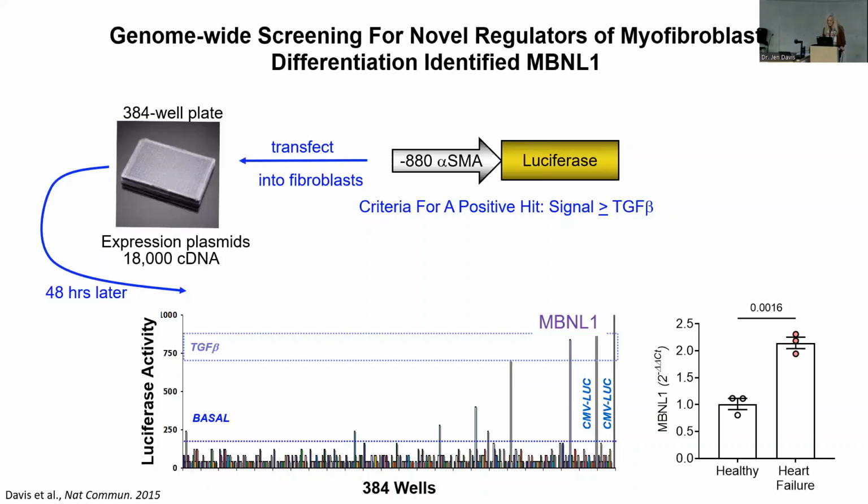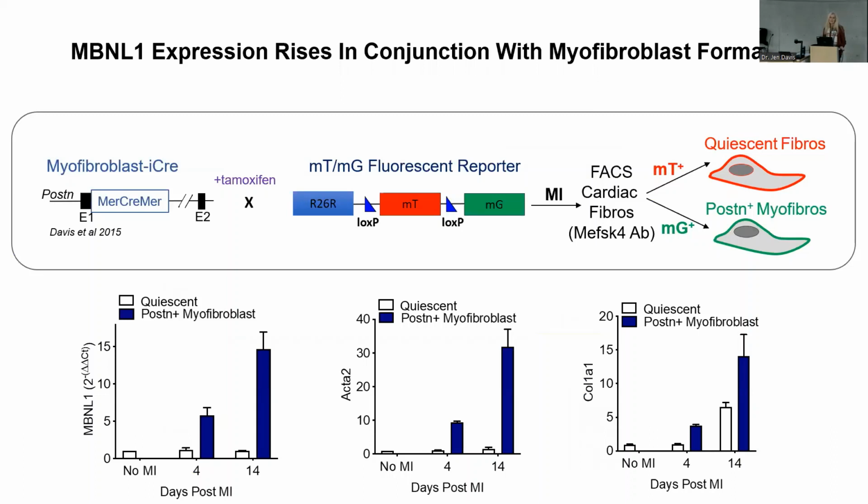We weren't really satisfied with our understanding of its relevance just from that experiment alone. So we undertook a lineage tracing approach to really try to identify if muscleblind activity changes in some of these important fibroblast populations. In this particular experiment, we took a lineage reporter mouse for myofibroblast, and that lineage reporter is driven by a periostin Cre driver.